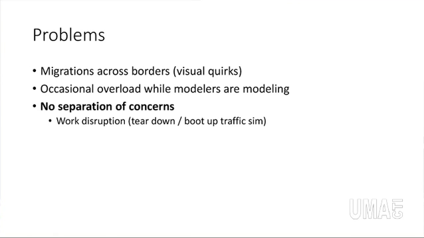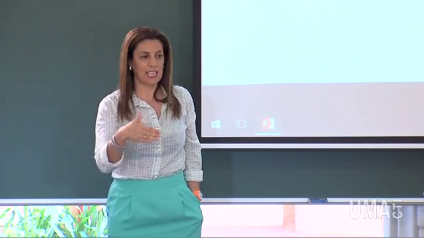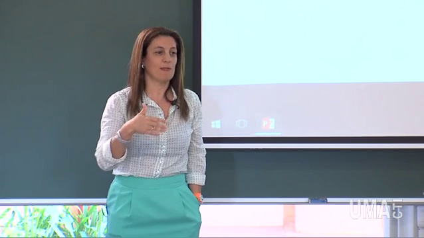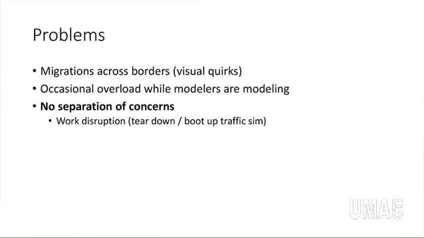And so the first two are minor. Basically, whenever there's migration across the border, there's a visual quirk, because it takes time for the car to get to the other side. So you could actually see the cars traversing the borders. It was not pretty. And when you have many cars, you could see many of these hiccups going around.